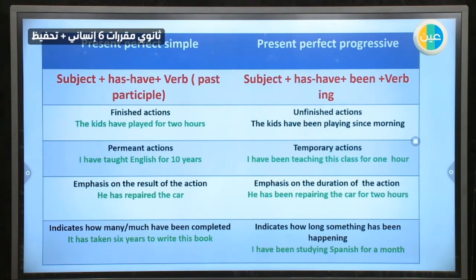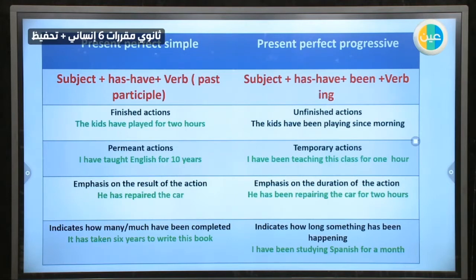I have taught English for 10 years. Okay, permanent action. But present perfect progressive is used with temporary actions, like I have been teaching this class for 1 hour. For 1 hour, it's something temporary.